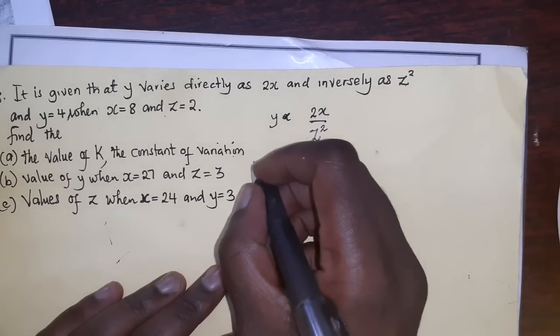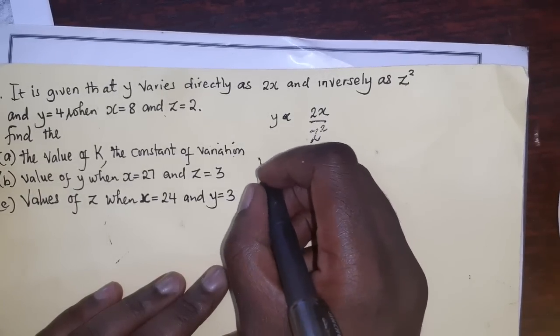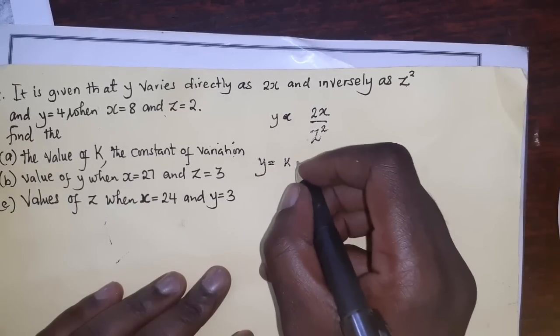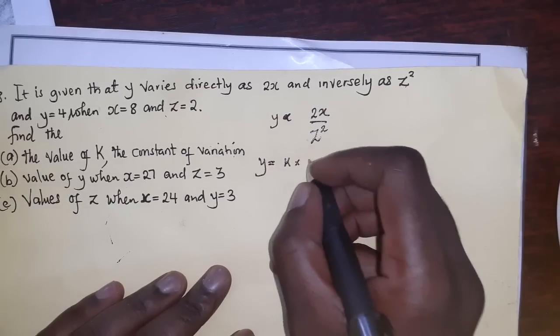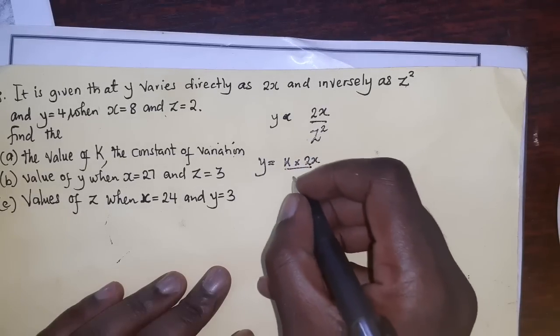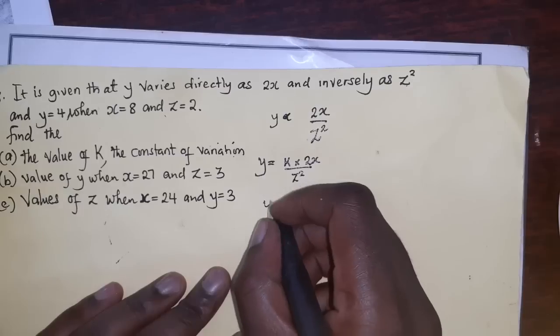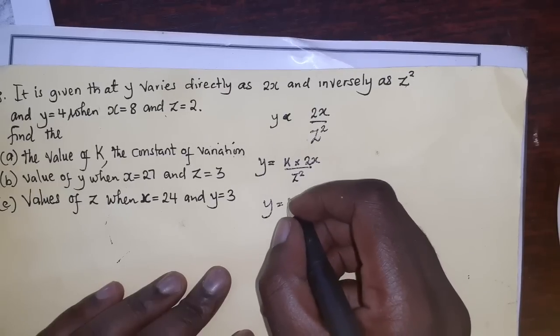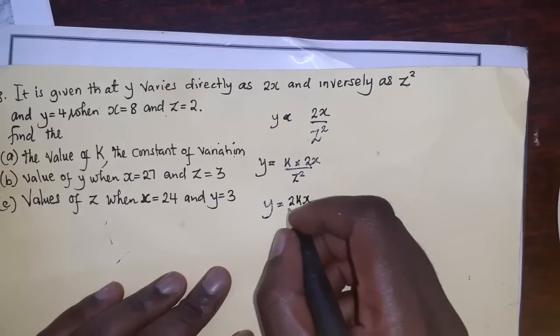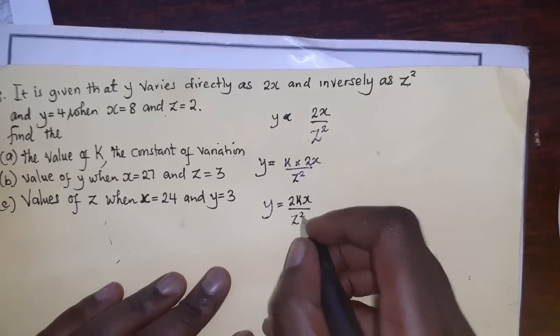In terms of an equation, we're going to write this as y equals k multiplied by 2x over z squared, which is 2kx over z squared.